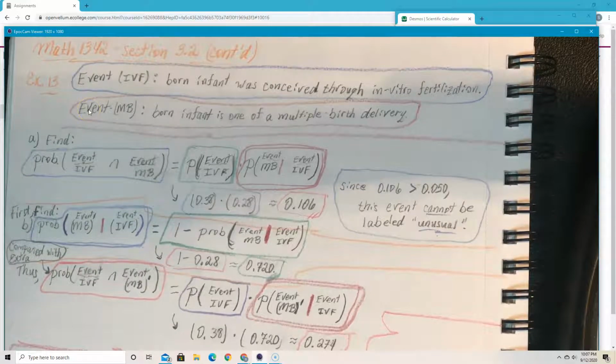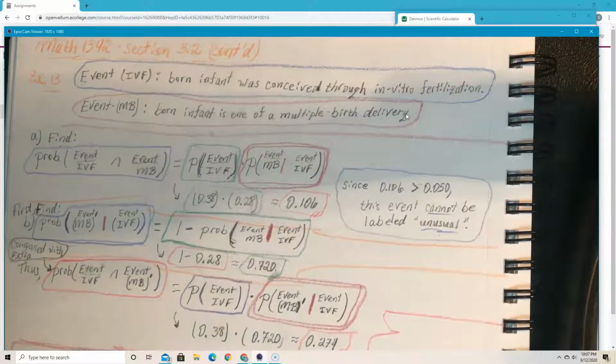Event. The infant born is one of a multiple birth delivery, meaning twins or triplets, and so forth. MB for multiple birth. Again, meaning 2 or 3 or 4 or 5 from that one conception.